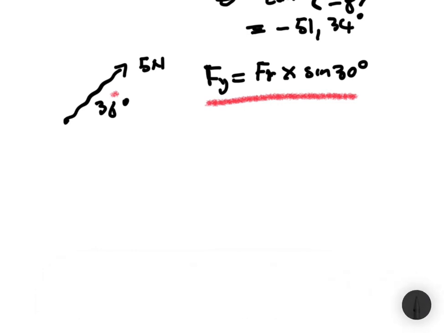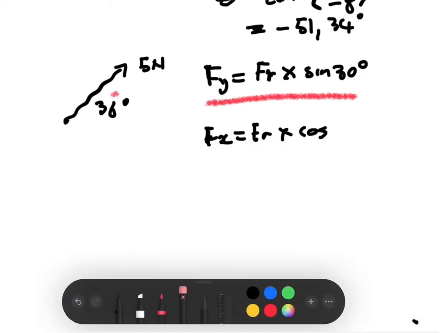If you want to find the horizontal component, it's going to be the opposite. Instead of sine, you're going to use cos. So we're going to have Fx equal to Fr multiplied by cos of, let me not put 30 here, because I was just making reference to that angle.